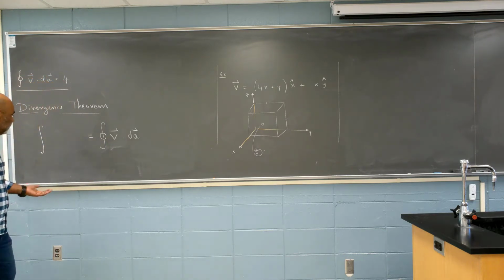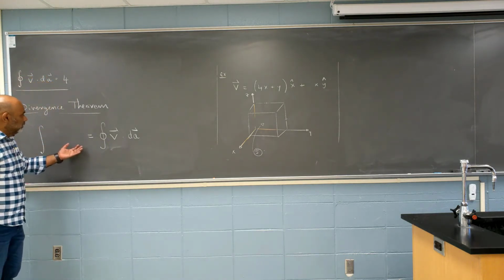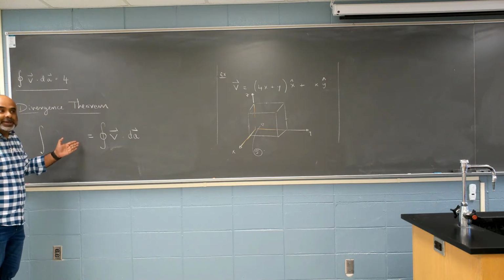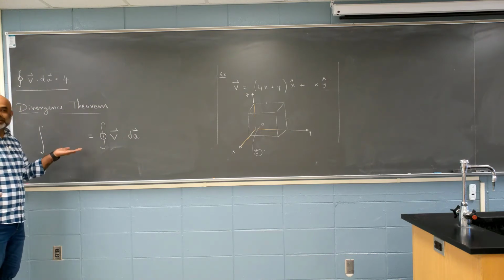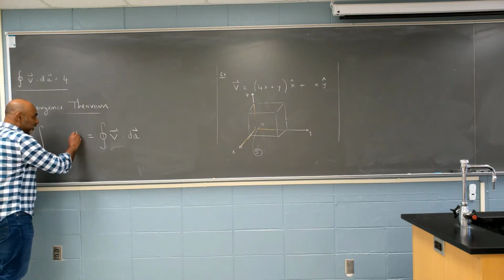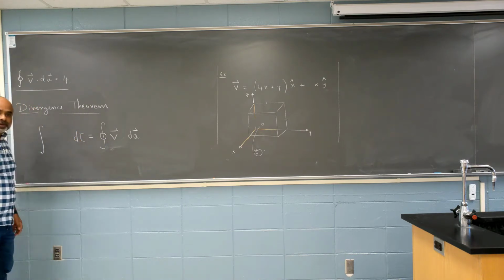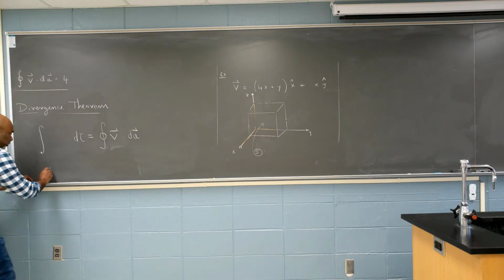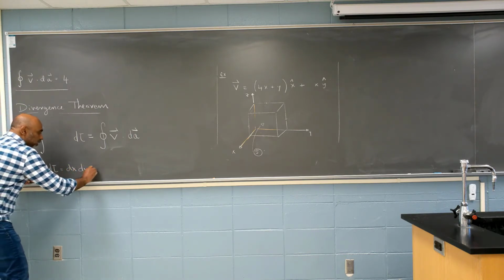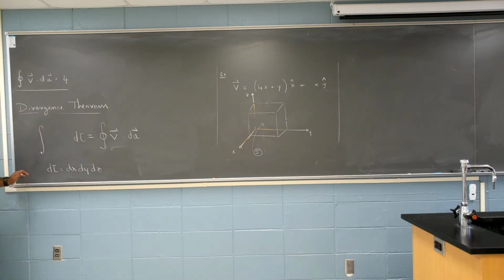Now, if I were doing physics, I would call a volume integral dV. This is the only place where I'm not sure why Griffiths chose what he did, but he uses d tau. D tau is nothing more than dx dy dz.